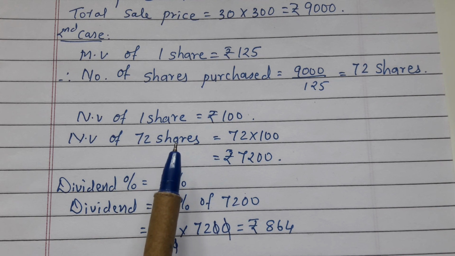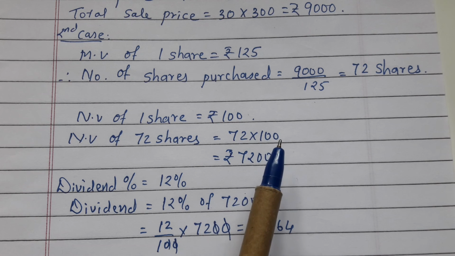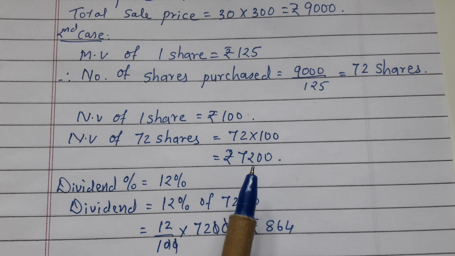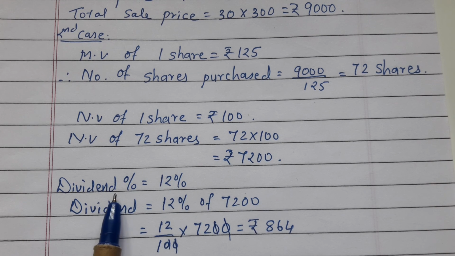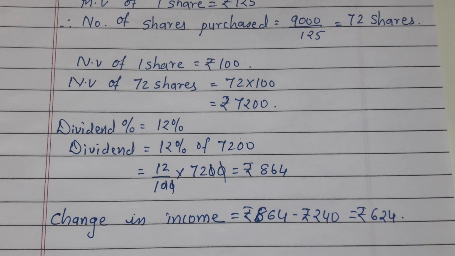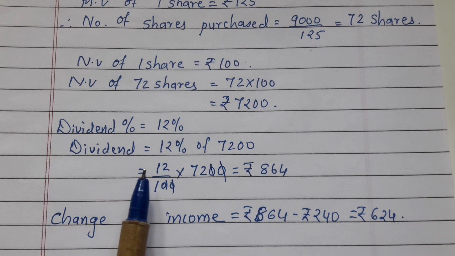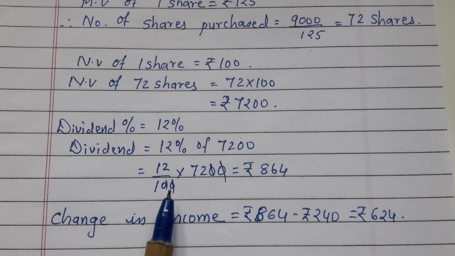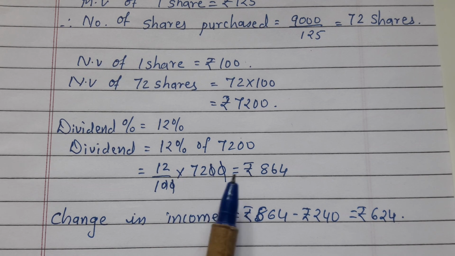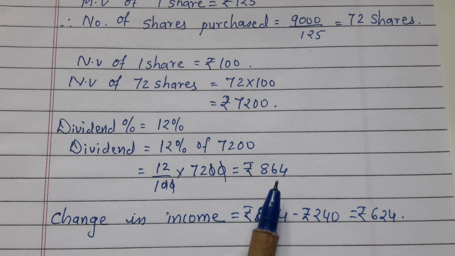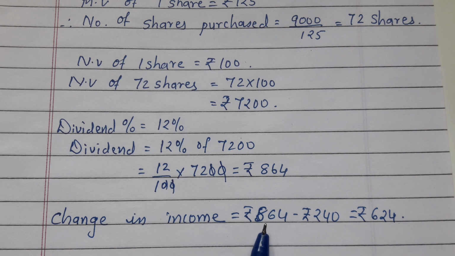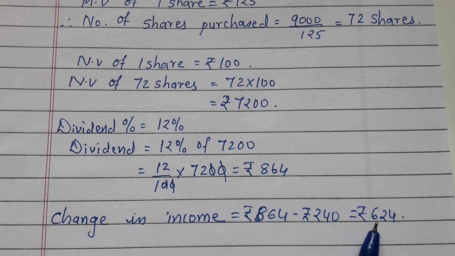NV of 72 shares, 72 into 100, that is equal to rupees 7,200. Dividend percent 12%. Dividend equal to 12% of 7,200, that is equal to 12 upon 100 into 7,200 equal to rupees 864. Change in income equal to 864 minus 240 equal to rupees 624.